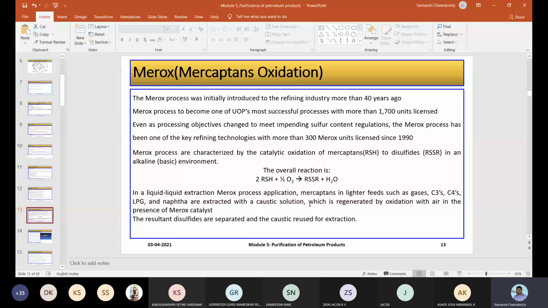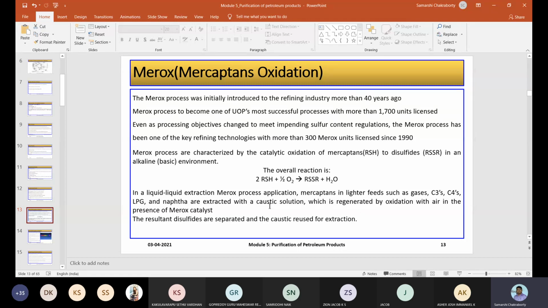First of all, those petroleum fractions will be treated with your caustic solution. After naphtha is extracted with a caustic solution, it is regenerated by oxidation with air in the presence of Merox catalyst, the resultant disulfides are separated, and the caustic is reused for extraction.